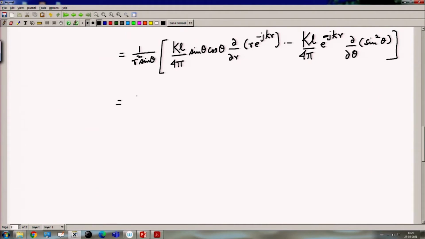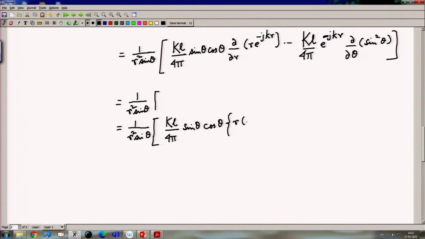And that is equal to 1 by r square sin theta, k L by 4 pi, sin theta cos theta, using the derivative of the product function.